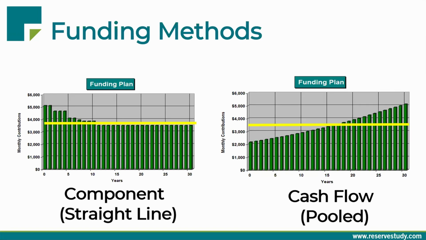So in either method, the same total amount goes into reserves, but the cash flow method is and always will be a more efficient use of the association's reserves and will always be more favorable to the vast majority of associations in the country that find themselves in at least somewhat of an underfunded situation. The cash flow method makes life in an underfunded association so much more palatable.